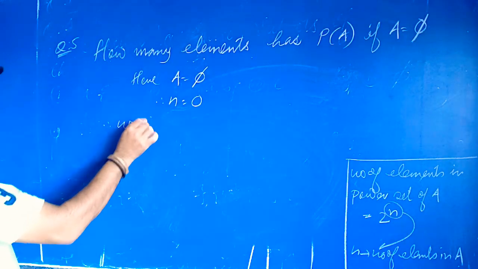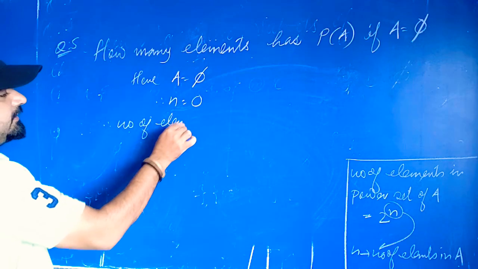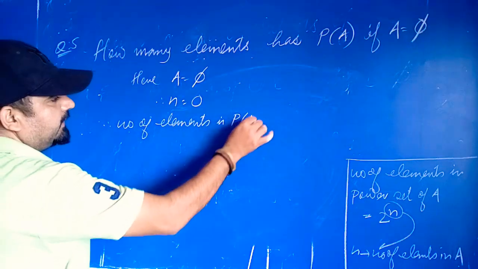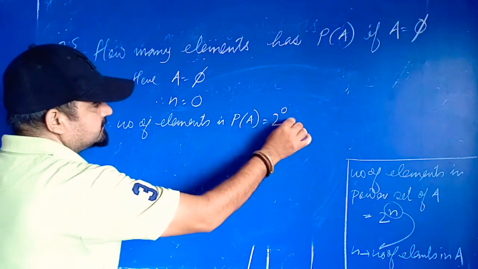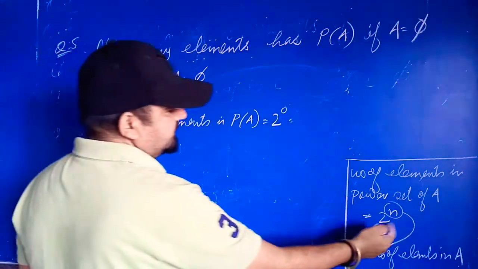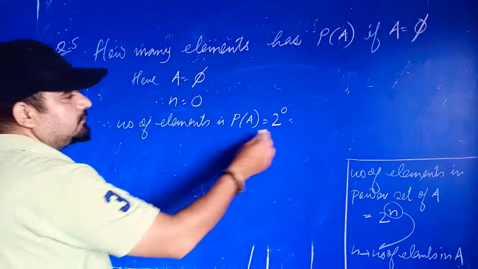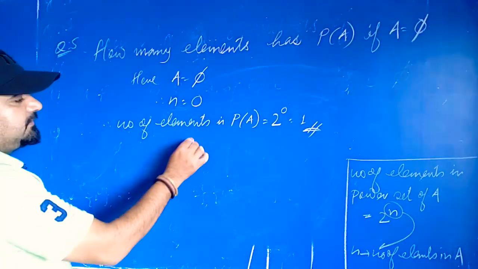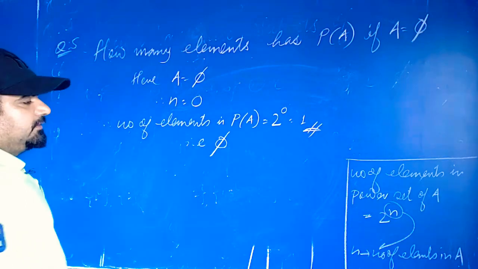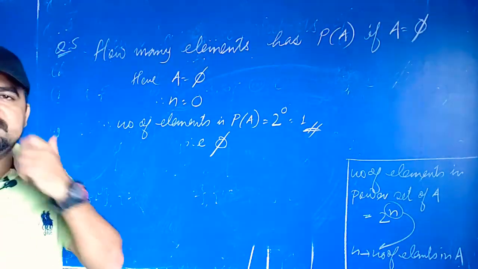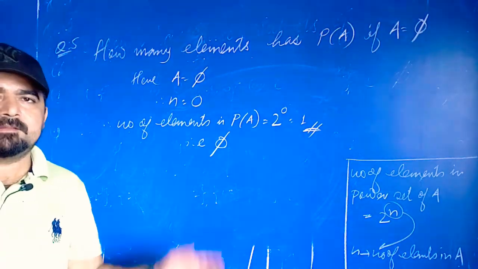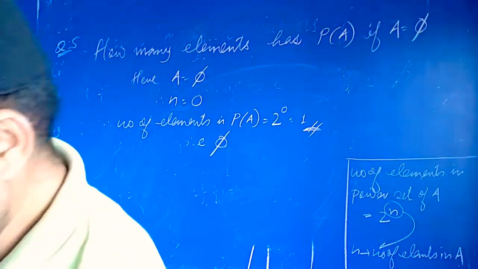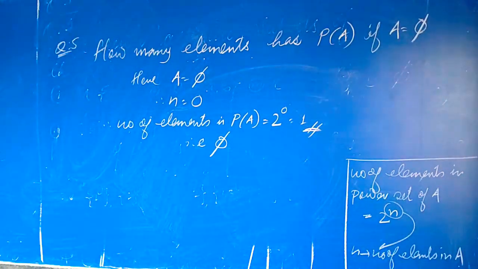Therefore, the number of elements in the power set of A is equal to again 2 to the power 0. The formula is like this only, and what is n here? It's 0, so 2 to the power 0 will be 1, and that's the answer, and that is 5 itself. And that element is 5. All right. Take a screenshot. Very simple. Next, question number 6.